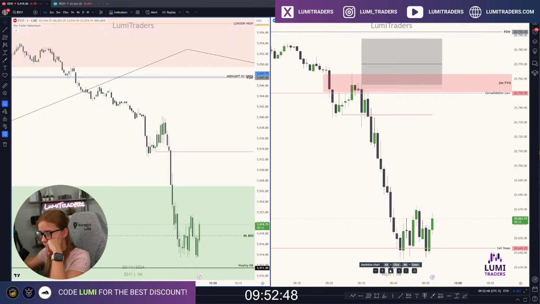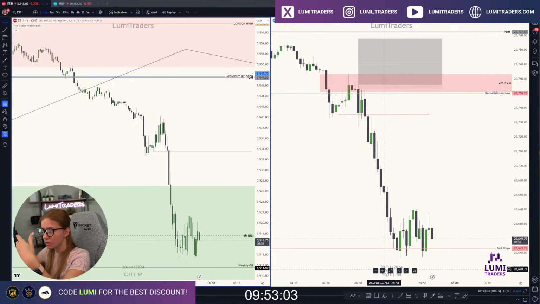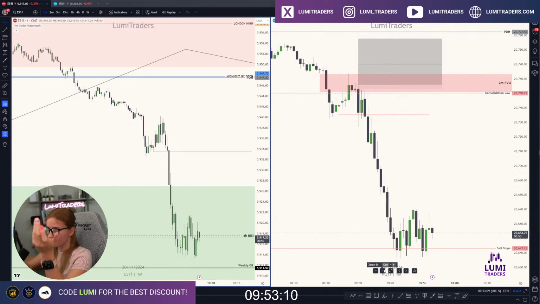I trade micros because it has less risk, and I can take partials. For me, it's much easier to take 10 micros because I can take partials, and it's kind of hard to trade just 1 mini because I need to hold for my target or for my stop loss, with no opportunity to take partials. If I want to trade minis with partials, I need to trade more than 1 mini, right?